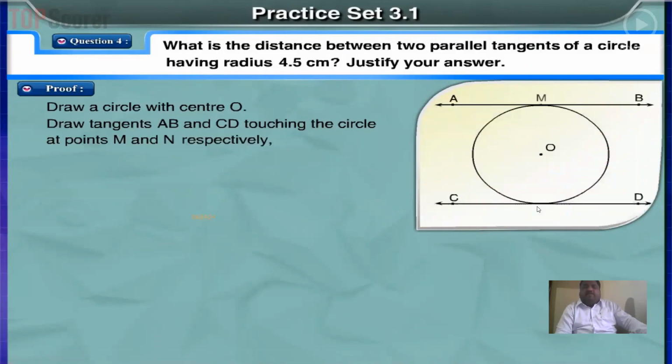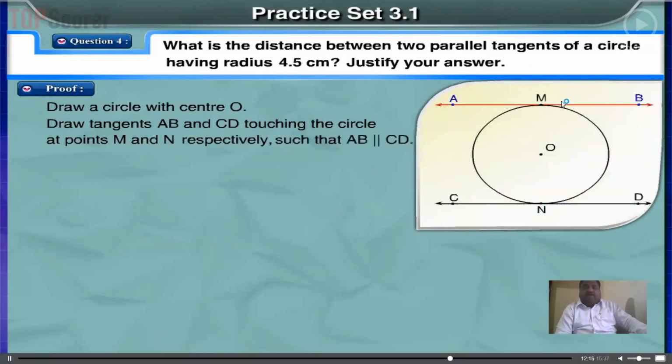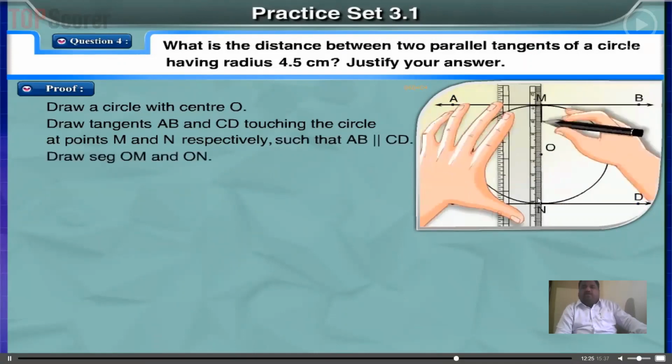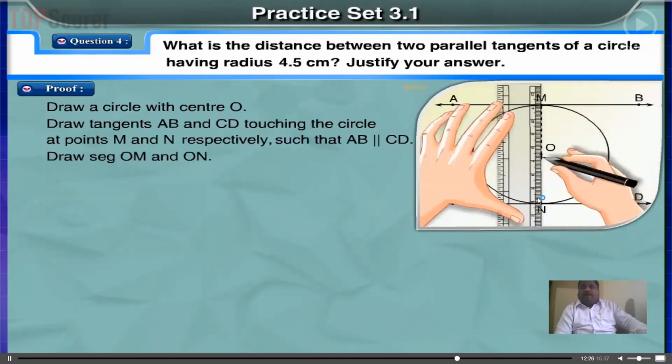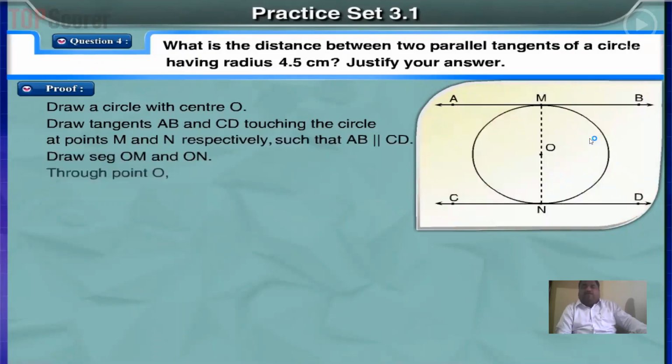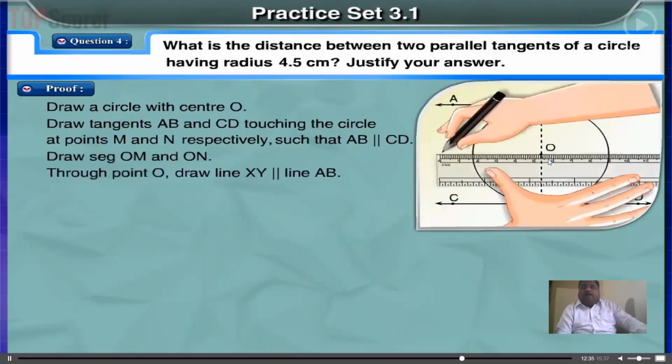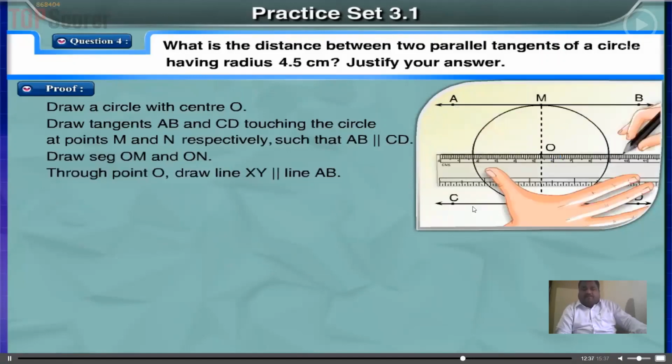This means that AB and CD are the tangents to the circle at the point M and N. Therefore, AB is parallel to CD. Now, draw the segment MN. MN passes through the center O. Draw a line XY parallel to the line AB.